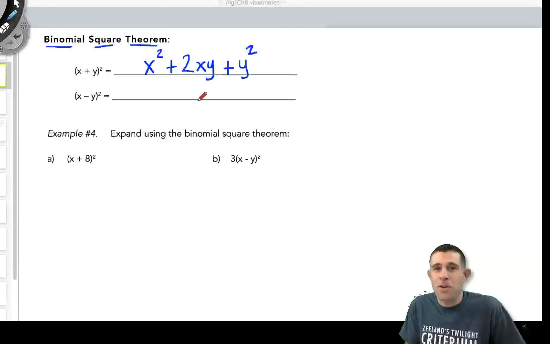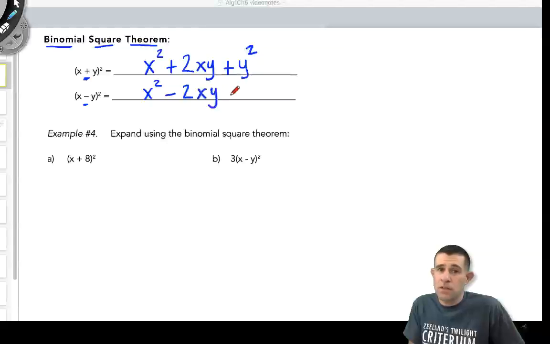So that's y squared. Now, that's in the case of x plus y squared. In the case of x minus y squared, what we get is our first term squared, minus 2 times the product of the 2 terms x and y, plus our last term squared.